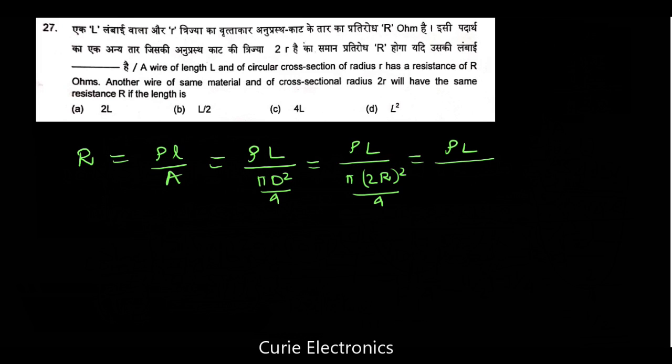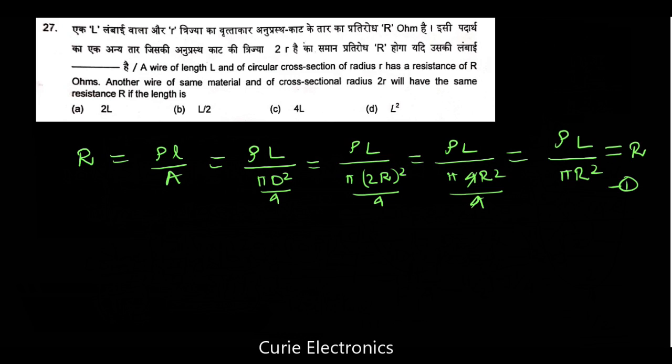So 4r square upon 4, so we directly get pi r square. We can write it as rho L upon pi r square. We need not write so much, we can directly write this equation. This is equal to R, he has told. This is the first equation.